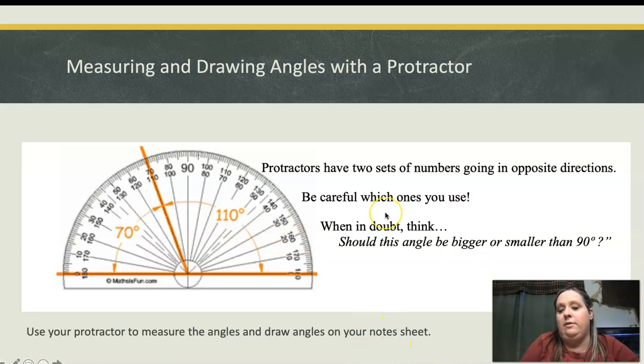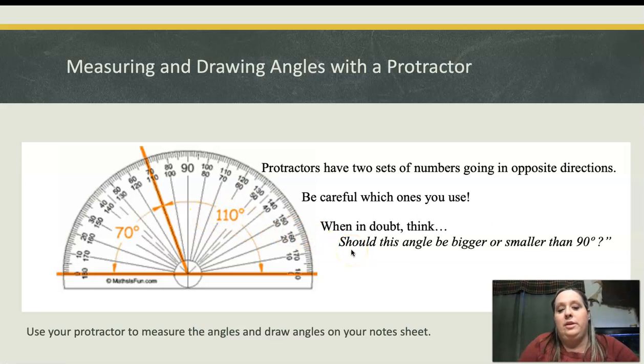It says be careful, and when in doubt, ask yourself, is it bigger or smaller than 90? So from here to here, we're reading 110 degrees, but from here to here, we're only reading the 70 degree mark. Okay, both of them are lined up at the vertex. Okay, so it all depends on which angle we're looking at.